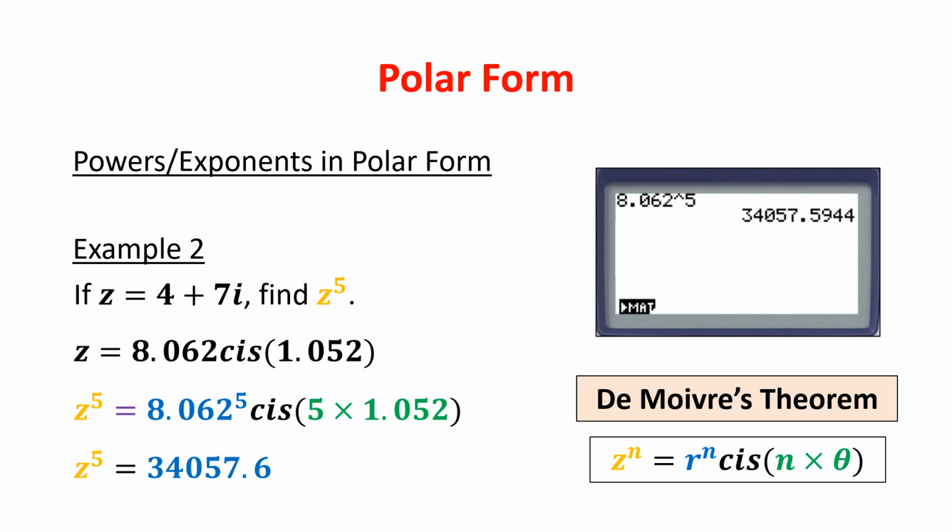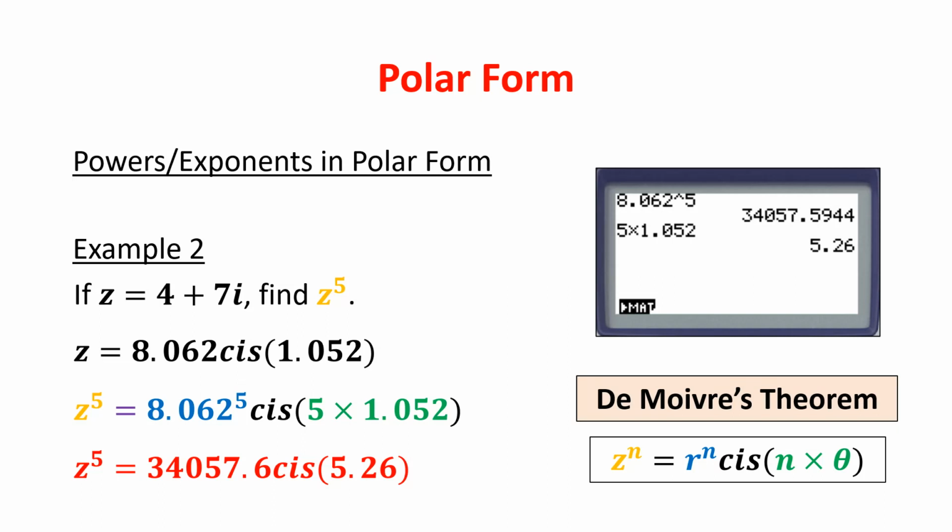It's 34,057, and I'm rounding it to 34,057.6. Then I pop down my cis, and then 5 times 1.052 is 5.26. Right, so there's my final answer, 34,057.6 cis 5.26. Remember, I'm working in radians, so I don't need units for 5.26.